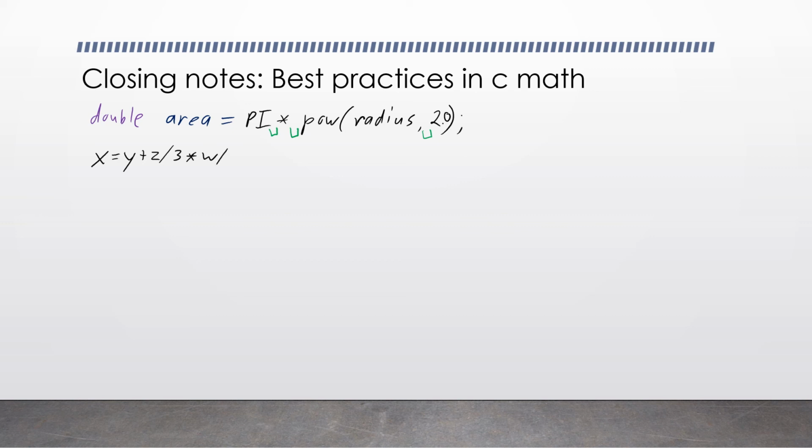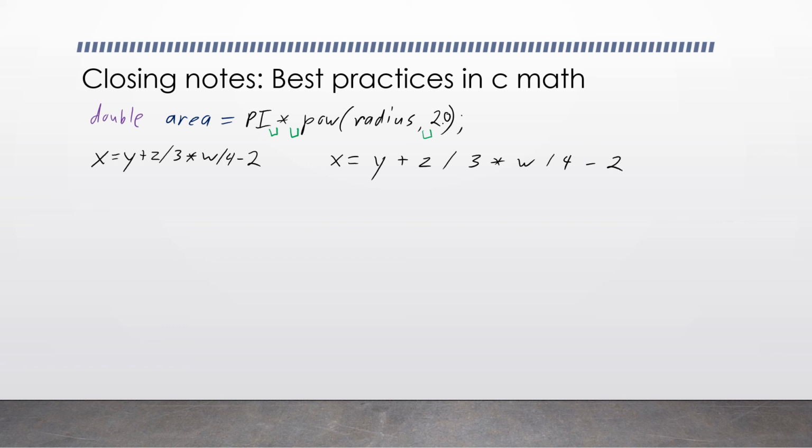That is much harder to read than x equals, give a little space, y, give a little space, plus z over 3 times w over 4 minus 2.